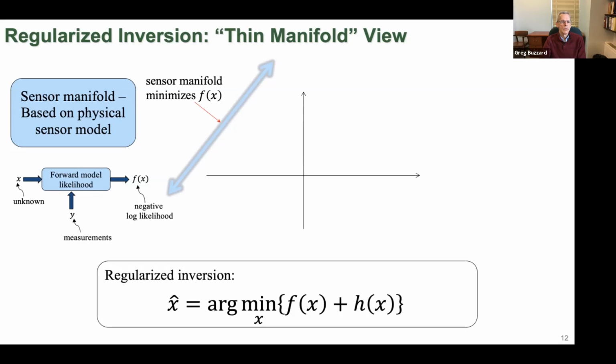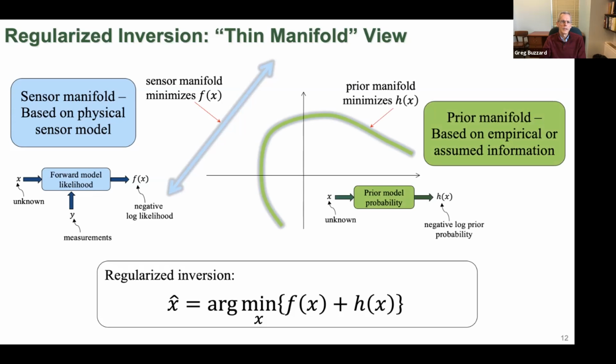So we think of the data fitting term as approximating this affine manifold. The prior manifold is typically not affine, so we represent it here as some kind of curved submanifold in our reconstruction space. And this is based on empirical or some kind of assumed information. And then a regularized inversion minimizes some of these, which we can think of as finding a point which minimizes the distance between these two manifolds.